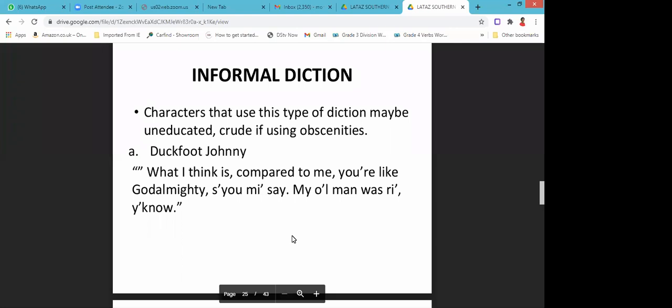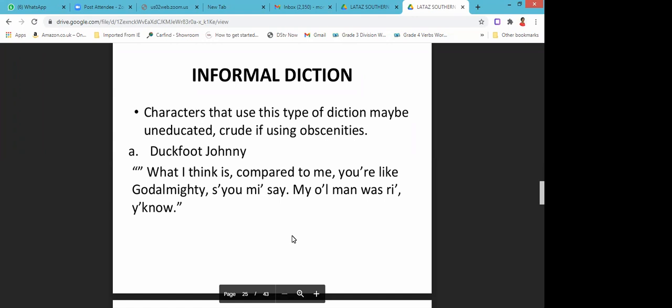So the example we have is from Mission to Kala again, and this is Duckfoot Johnny, one of Medza's friends that he meets in Kala. And Duckfoot Johnny, of course, he's intoxicated at this point, and he's talking to Medza, and he says, "What I think is, compared to me, you're like God Almighty.